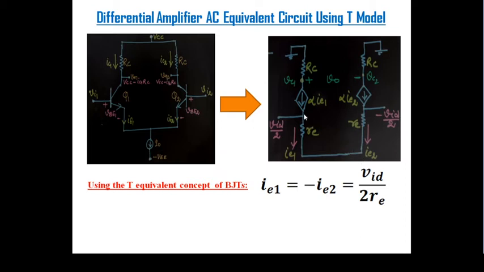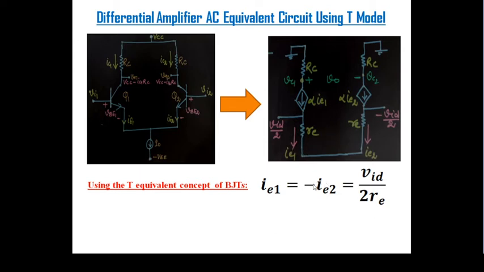IE1 is this current, and this point is at ground potential, 0. So IE1 is the higher potential, Vid by 2, minus the lower potential, 0, divided by RE, so Vid by twice RE.